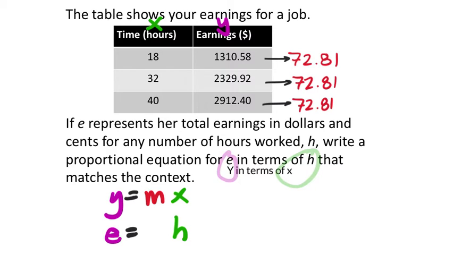So they are the same, which, again, would just prove that it's proportional. But that 72.81 is actually our constant of proportionality. Okay? So since that's our constant of proportionality, we know where that goes. That's the coefficient of, in this case, h. So instead of m there, we're going to have a 72.81.